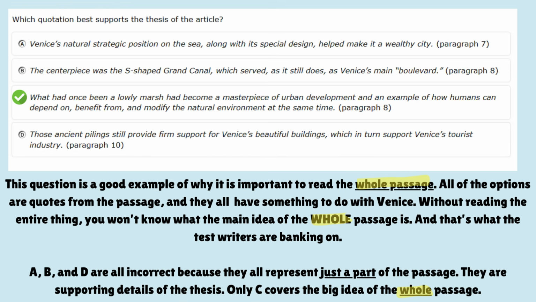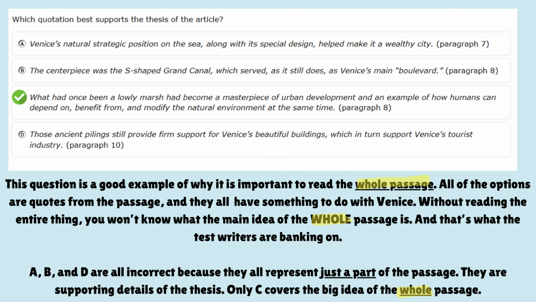The passages are often not what you would read in your free time, but the graders and the writers of this test, they are depending on some students not reading the passage, and that's the purpose of questions like this. Because all of the options, A, B, C, and D, are quotes from the passage. And they all have something to do with Venice.